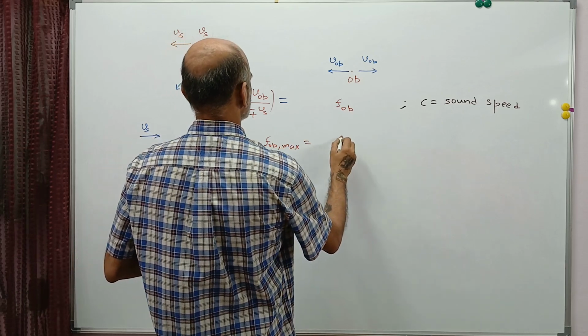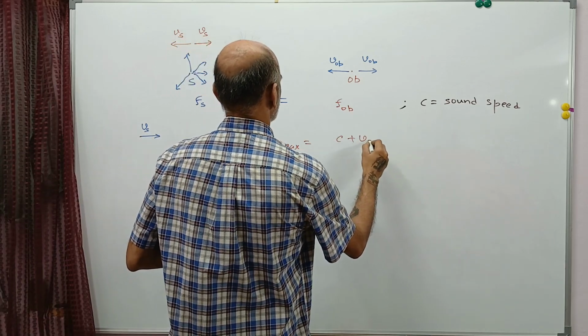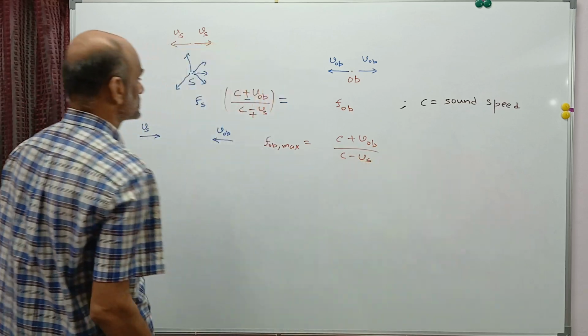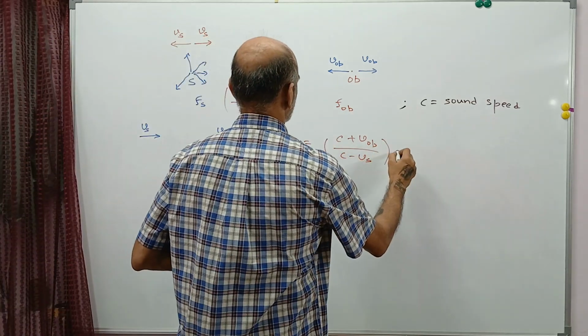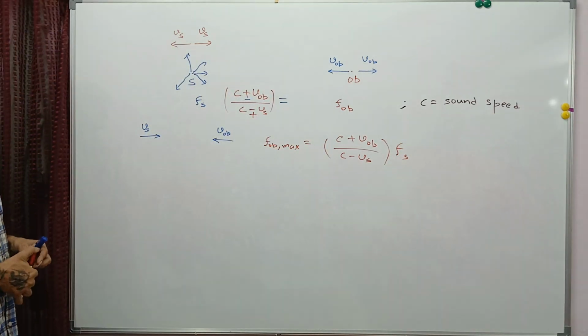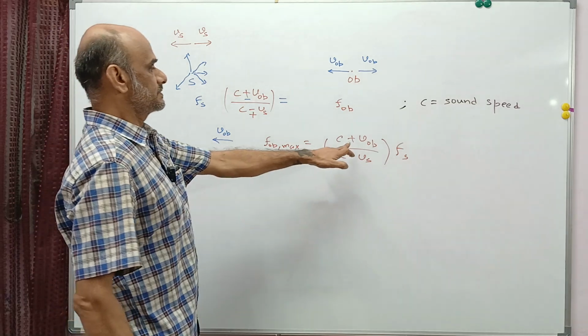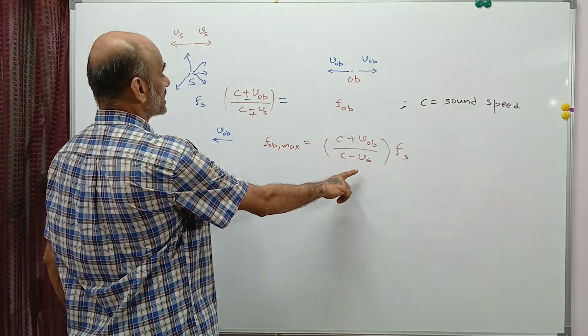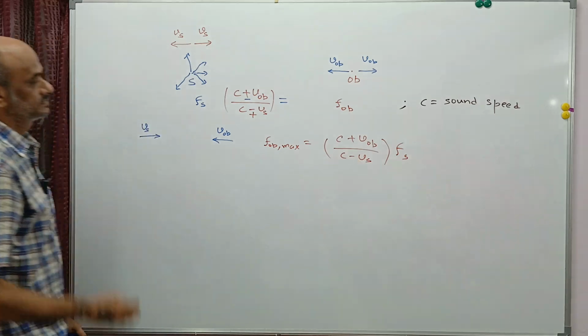That will be equal to (C plus velocity of observer) by (C minus velocity of source) into the intrinsic frequency of the source. For the frequency to be maximum, the numerator has to be more, so there has to be a plus sign here, and for this to be maximum, the denominator has to be less, so a negative sign is in the denominator.